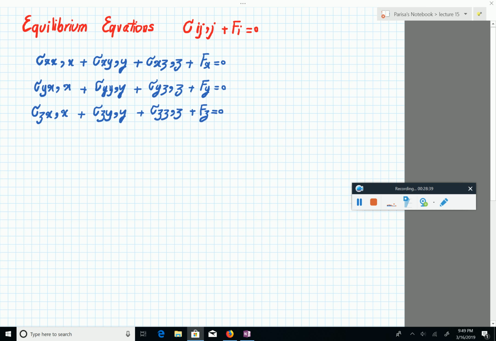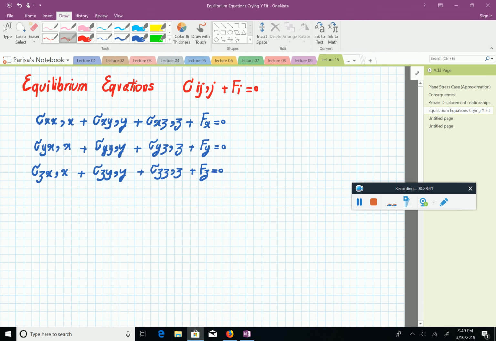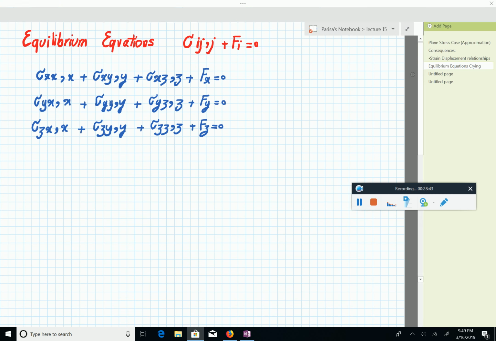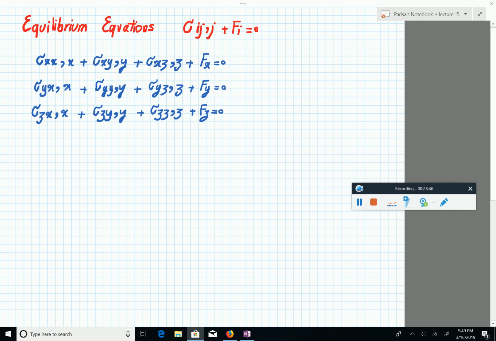So let's cross out the terms which are 0. The out of plane stress components are 0, so very fast we can say that all of these terms are 0.